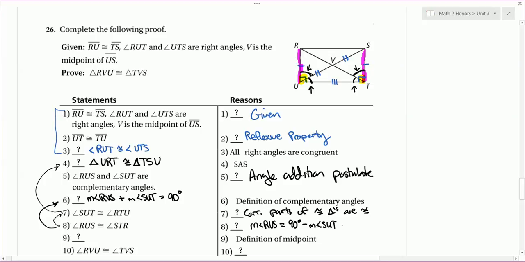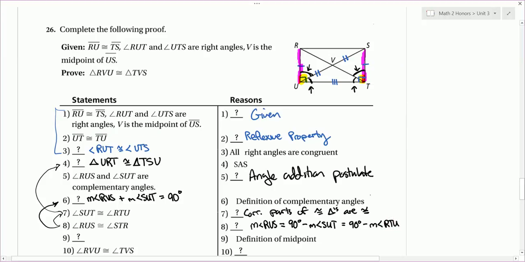So I'm going to substitute the measure of angle RTU instead of the measure of SUT.